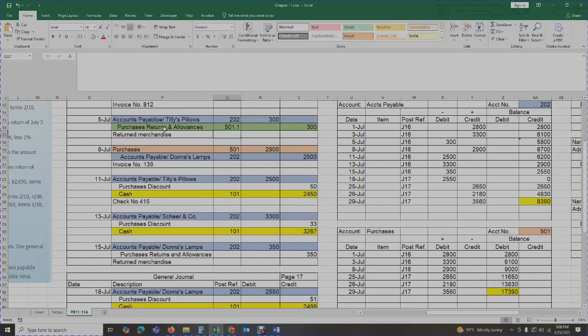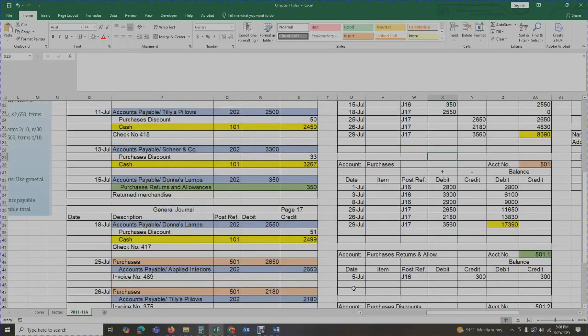Okay. So I'm going to continue looking for purchases, returns, and allowance. And I have another one here of $350 on July the 15th. Okay. So on July the 15th, this is on journal 16. We have a credit of $350. So we're going to go ahead and get the balance plus $350. And that gives me $650. Now for this one, a credit increases it, a debit decreases it.